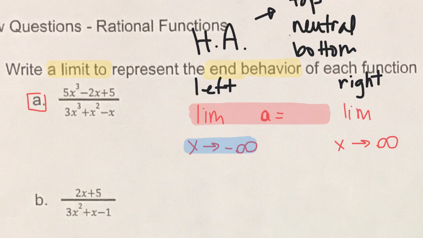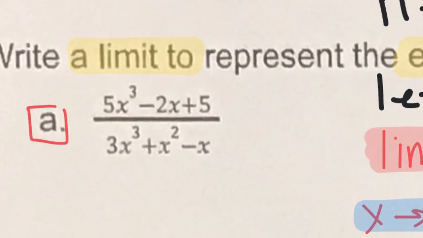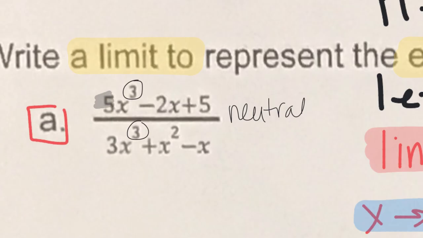Our answer to our limit question comes from the heaviness. Looking at the heaviness of this function, is this top, bottom, or neutral? This is neutrally heavy because we have an x cubed over an x cubed. Whenever we have a neutrally heavy rational equation, we always look to the coefficients.